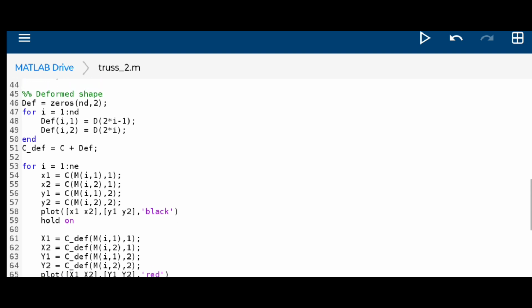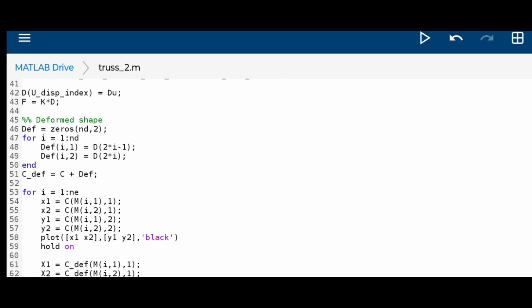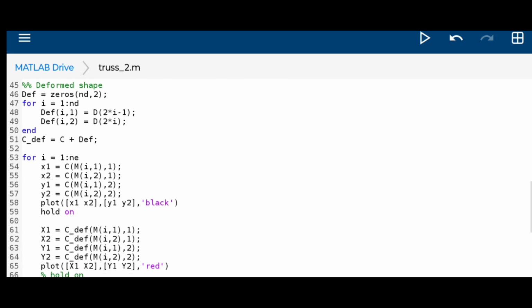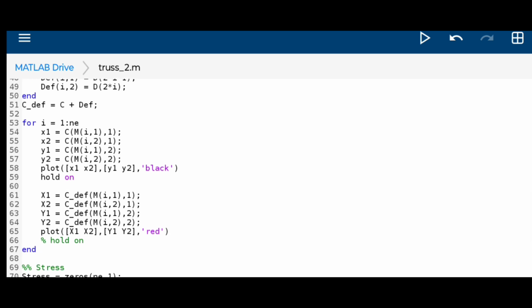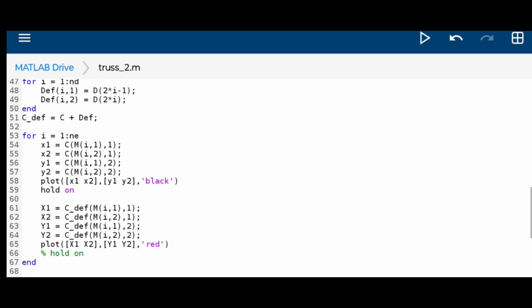So the first row is x1 y1. This will give us the deformations. When we add this deformation to the original coordinates, it will give us the deformed coordinates. Now there is nothing else to do, we just have to plot this.